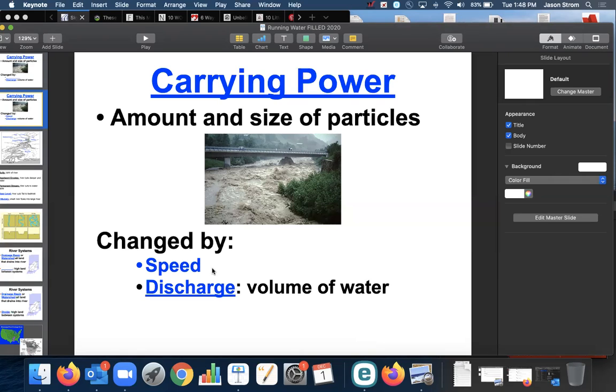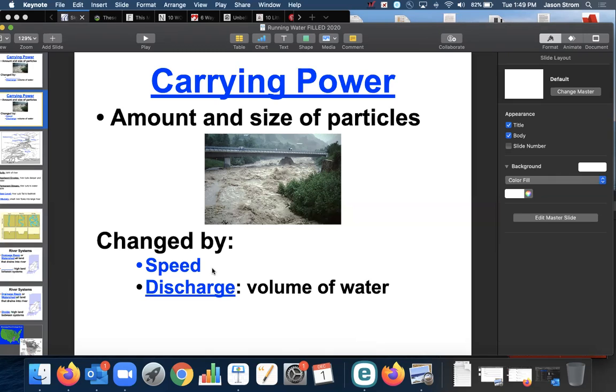For a couple of examples, go to a car wash. There's high pressure water spraying on the car, because that has more energy, that can move more material. It can move larger material, as compared to just a garden hose or something like that.